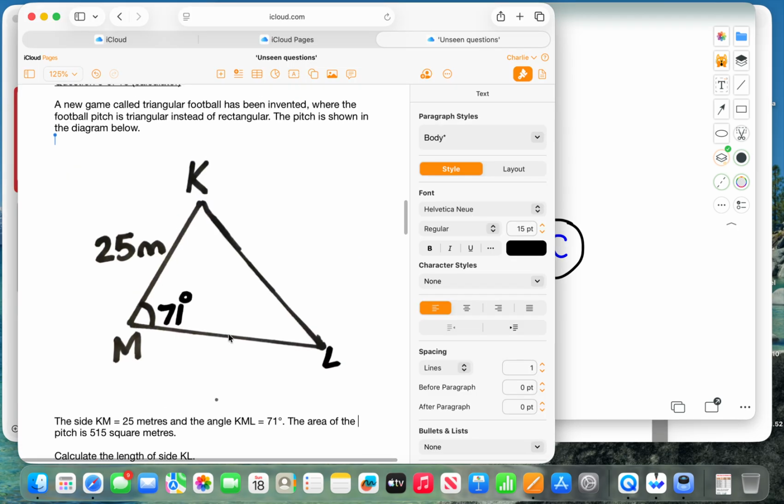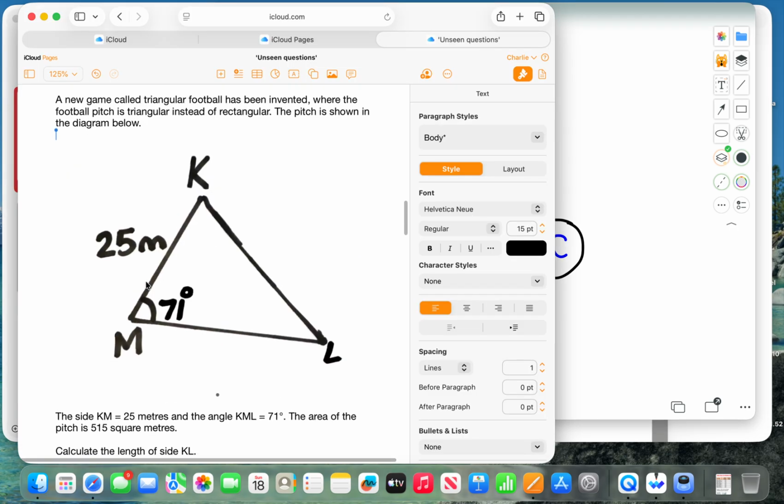But take a look at the question. We have KM. We have the angle KML. But the side we want to find the length of is KL. But that's the wrong side because the angle is in between KM and LM. So we would first of all have to find LM.